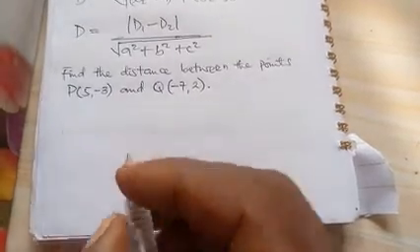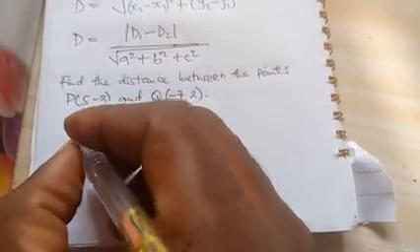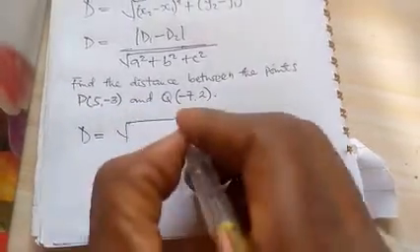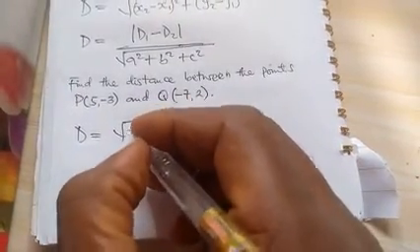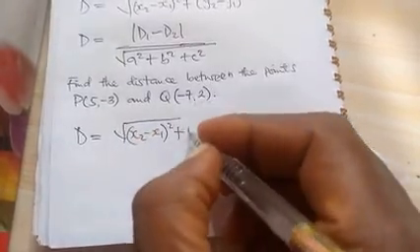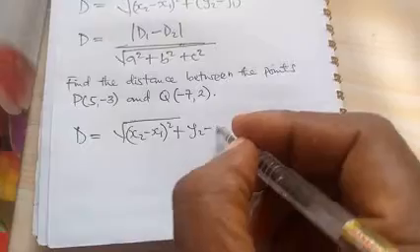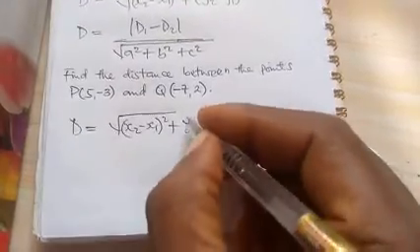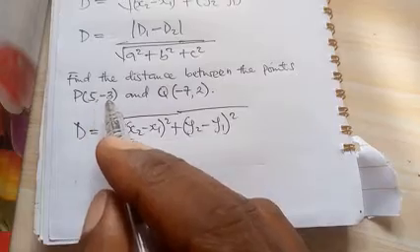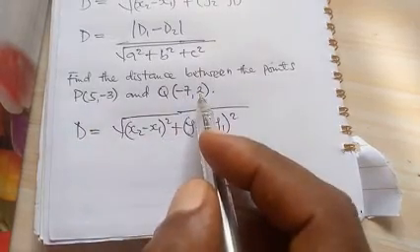Now, our first formula, since it is one plane, we say d is equal to the square root of x2 minus x1 all squared plus y2 minus y1 all squared.